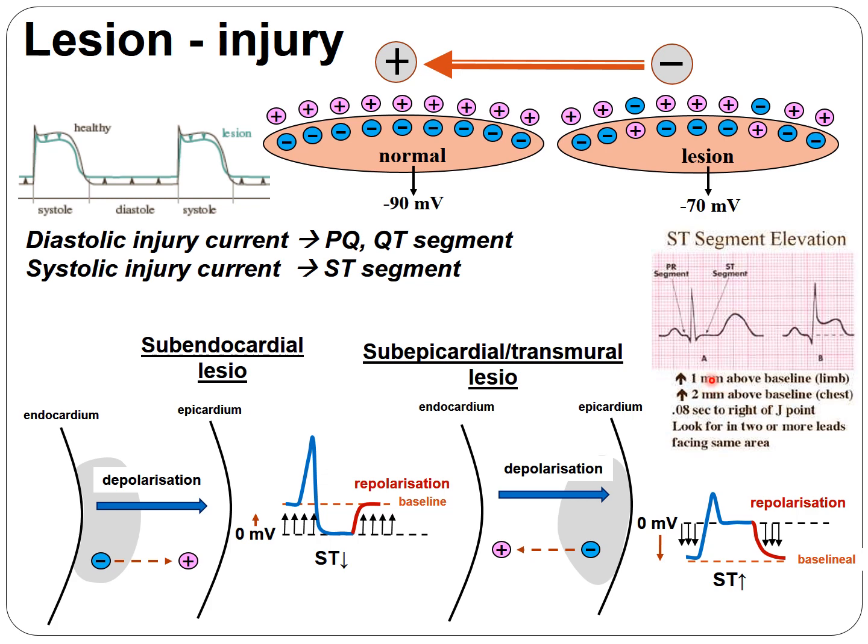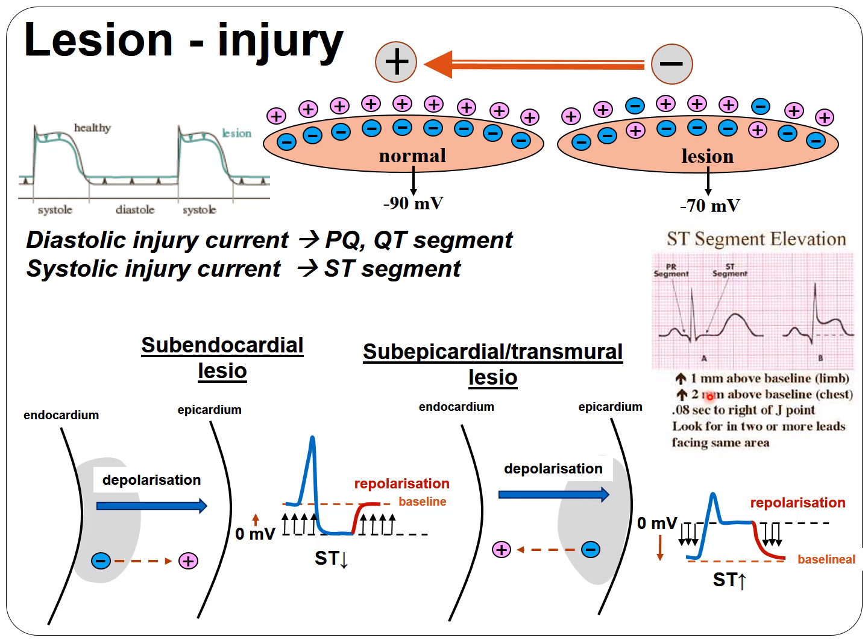Not every ST elevation or ST depression is pathological. We do have a value for each lead. Generally, we can say that in limb leads, every ST elevation bigger than 1 millimeter is pathological, or in a chest lead, if it's more than 2 millimeters, it's pathological. The ST depression threshold is half.